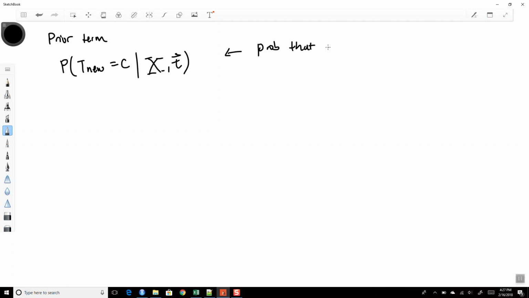So the prior term is the probability that some random observation belongs to class C given our training data. So this is the probability that a new random observation belongs to class C, prior to us looking at the data.